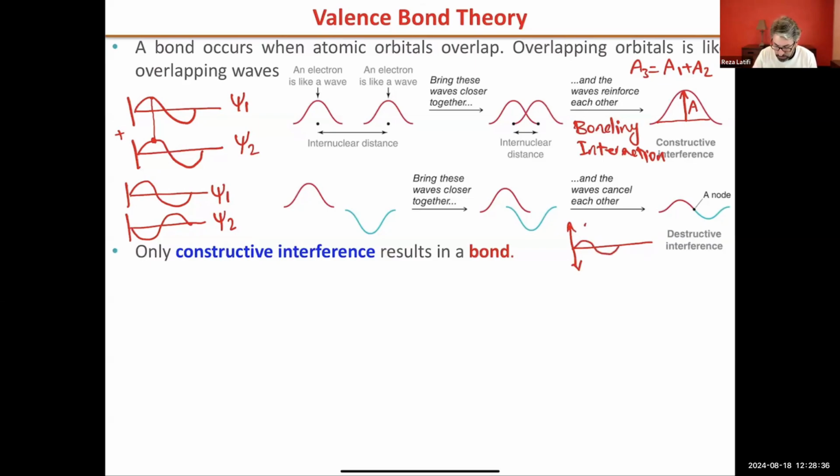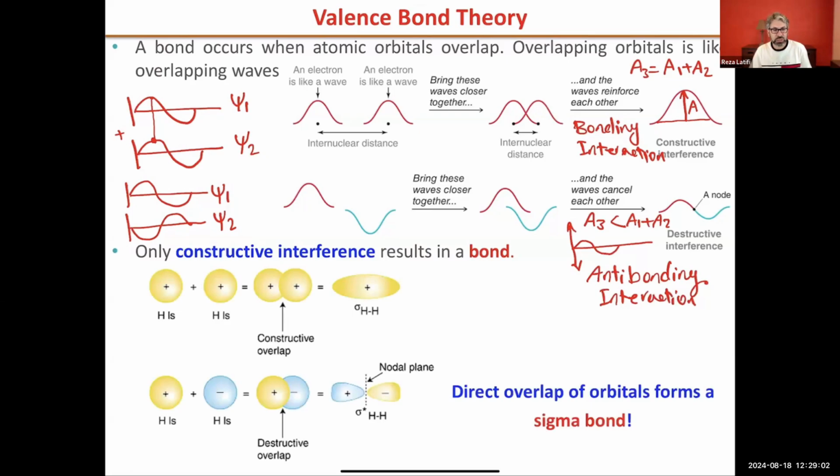So the new amplitude, A3, is going to be smaller than A1 plus A2, smaller than either of those two. And we call it anti-bonding interaction.